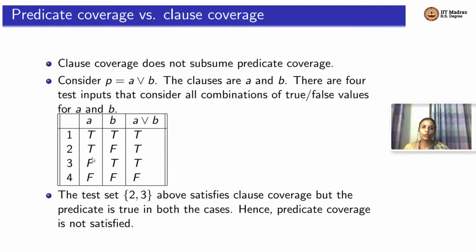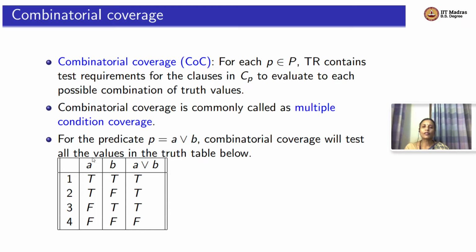So is there a solution out? The solution is the following. Instead of doing predicate separately and clauses separately, consider all the combinations of true false values. So for each predicate, your test requirement contains the test requirements for all the clauses in that predicate to evaluate to each possible combination of true false values. Combinatorial coverage is commonly called multiple condition coverage.